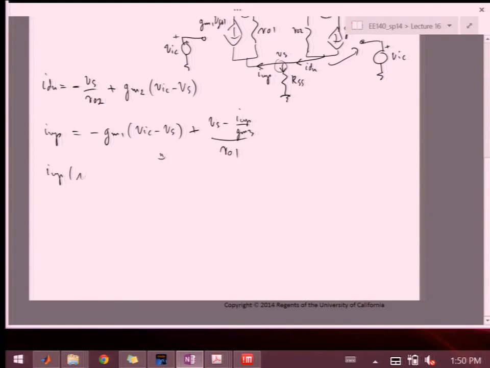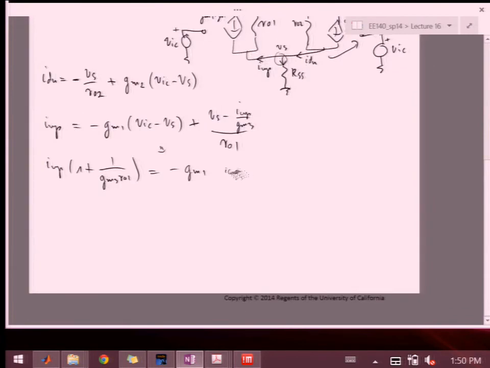I up 1 plus, let's move this, 1 over GM3 RO1 equals minus GM1 VIC, and then plus GM1, now we're regrouping the VS, plus 1 over RO1 VS.